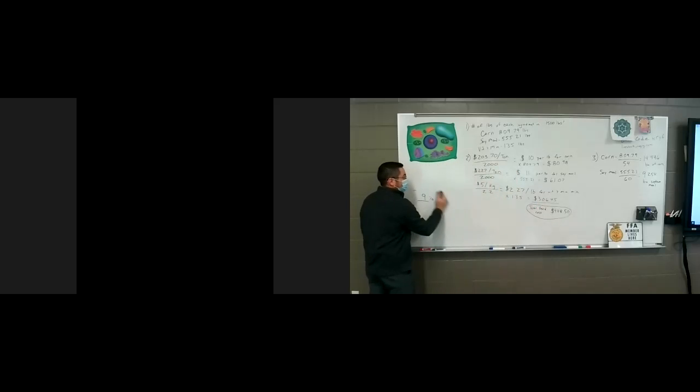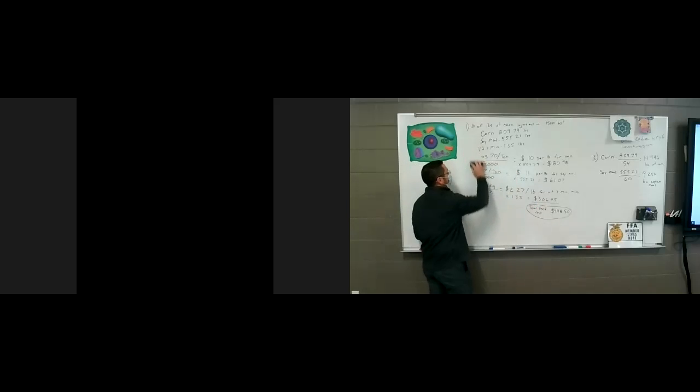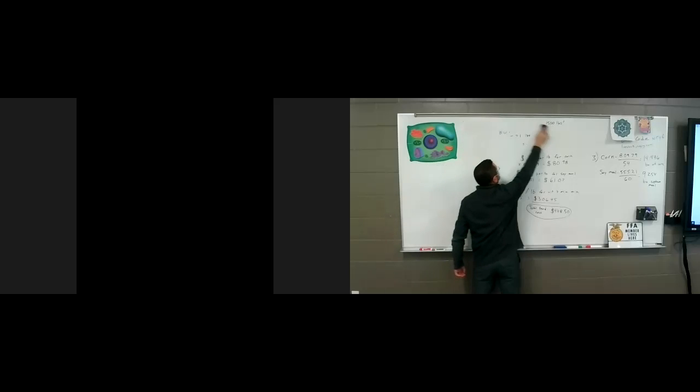Okay. So for number 4, what is different about that calculation than the one that we did before? Josh, what's different about the calculation in number 4 on the back page than what we've done? It's 8% instead of 9.